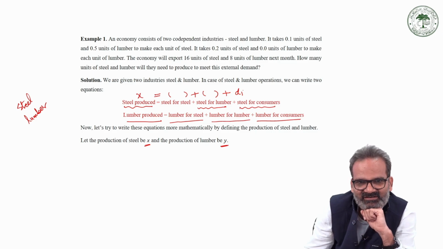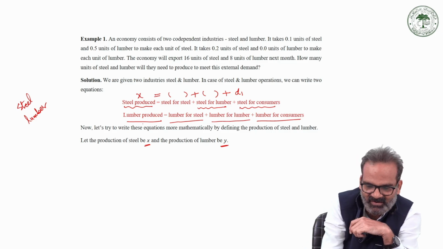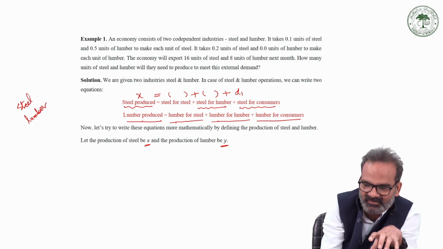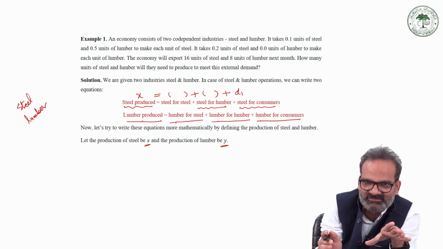This will be equation 1. Likewise, Y equals lumber needed for steel plus lumber required for the lumber itself plus the final demand, that is D2. Should I write these two equations?